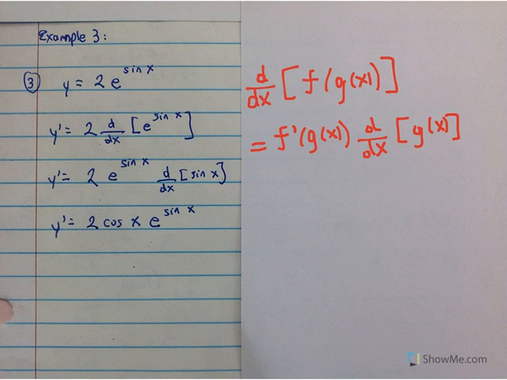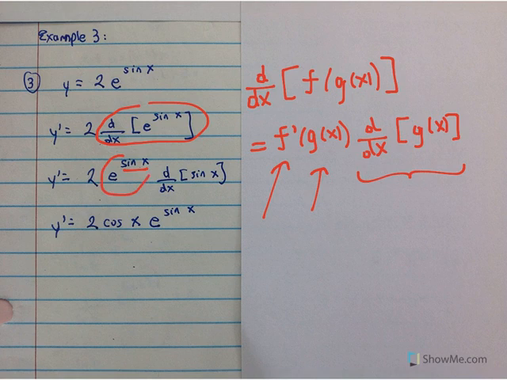Now we'll go ahead and take the derivative by using the chain rule. And we have the chain rule here. Take the derivative of the outside function, evaluate it at the inside function, and multiply by the derivative of the inside function. The outside function is e to the x. The derivative of e to the x is itself. Evaluate that at the inside function of sine x, and we get e to the sine x.